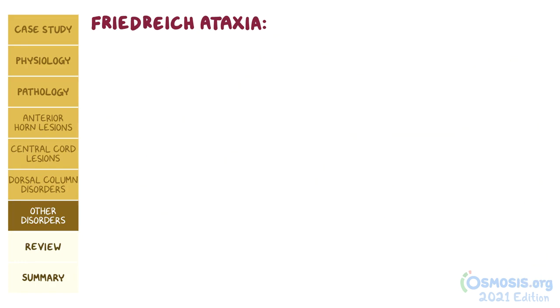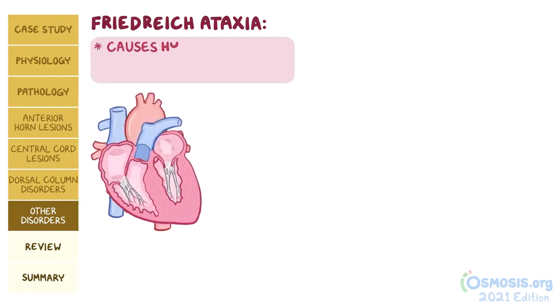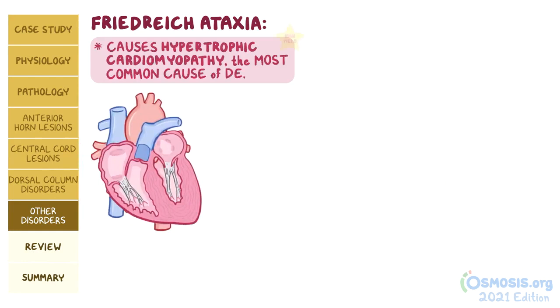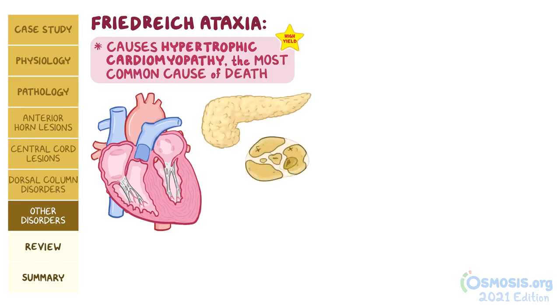Now, the unique thing is that Friedreich ataxia also affects the heart, causing hypertrophic cardiomyopathy, which in fact is the most common cause of death in these individuals. And at the same time, in the pancreas, insulin production is impaired and beta cells are affected, leading to diabetes mellitus.